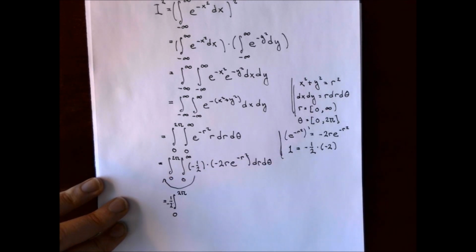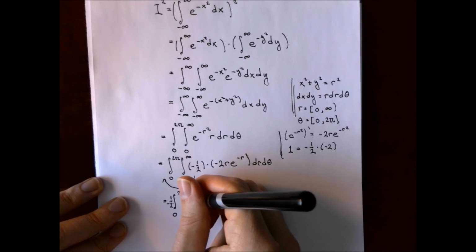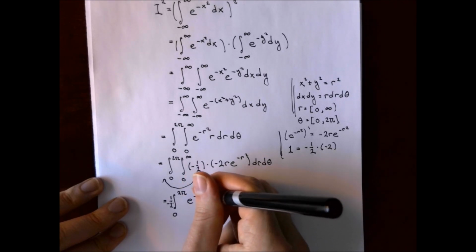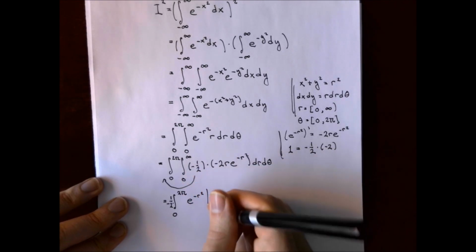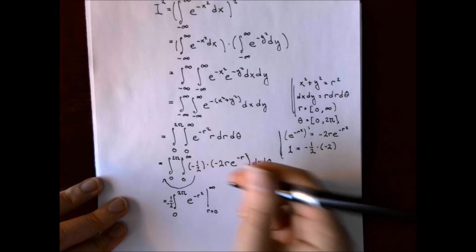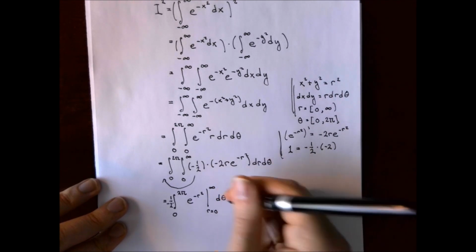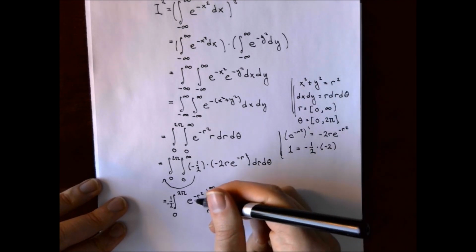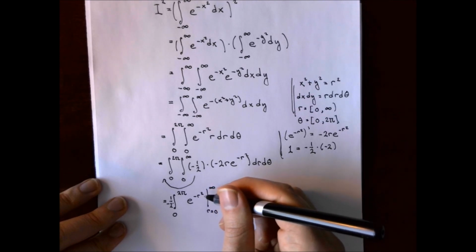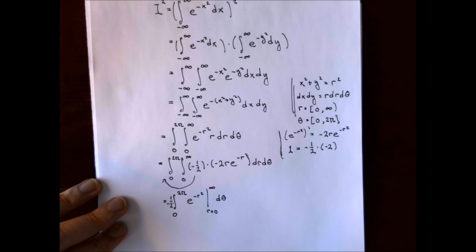minus 1/2 times that of e to the minus r squared evaluated at 0 to infinity d theta. At infinity, e to the minus r squared gives 0, and at 0 gives 1.